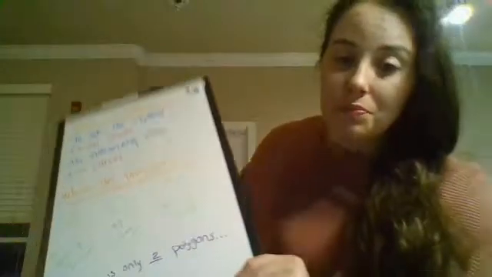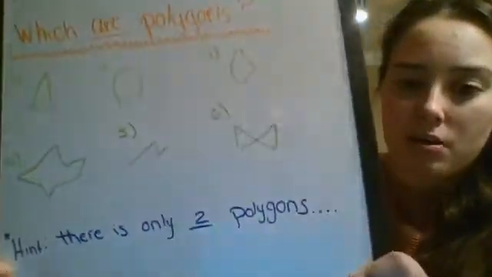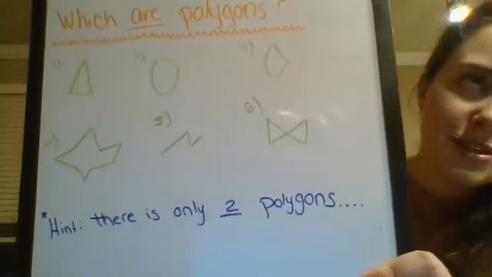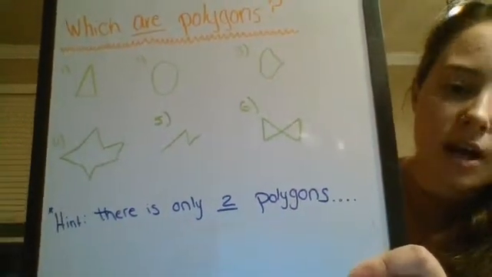Okay, so what I'm going to do right now is I'm going to pause my video and I want you to think about which ones are going to be polygons. I'm going to put this up and I'm going to give you some time to think about it, okay? I'm going to pause my video and I want you to take 30 seconds to think about which ones are polygons.